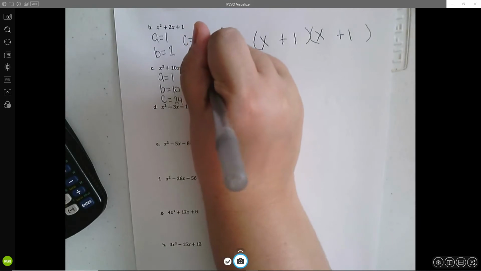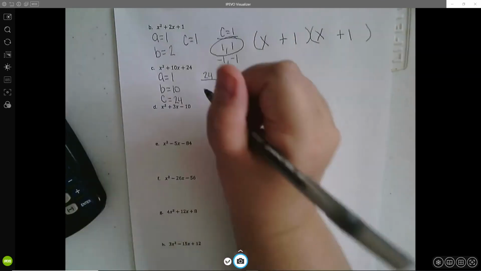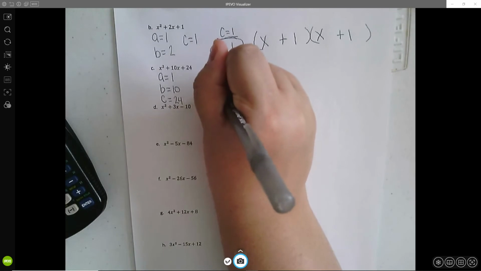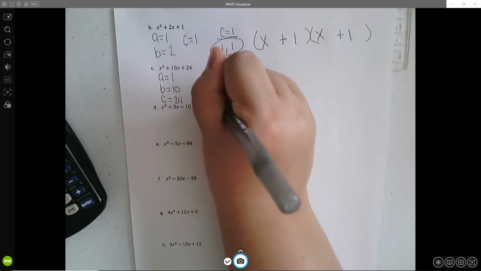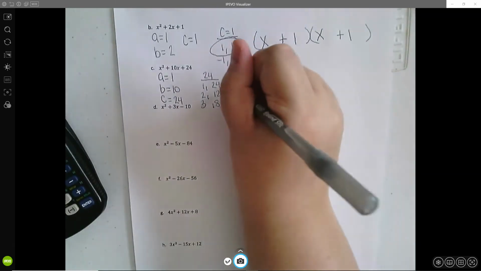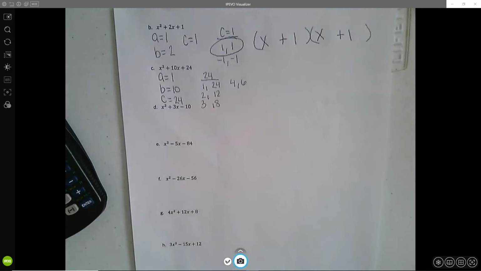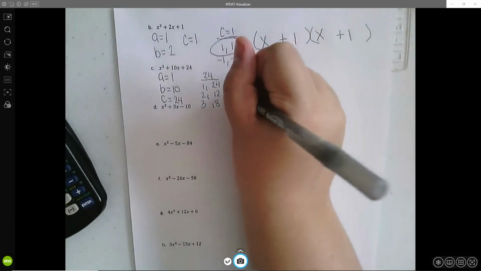So I'm going to look here at 24. I'm going to start to list out the factors of 24. I have 1 and 24, 2 and 12, 3 and 8, and then 4 and 6. So now, since they are both positive or both negative, there's my both positive.